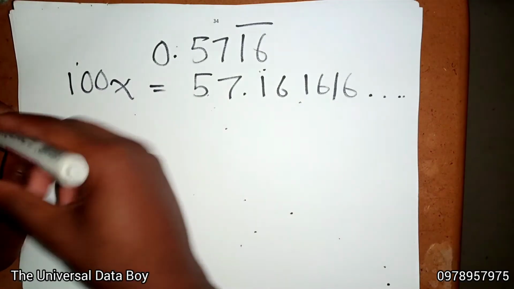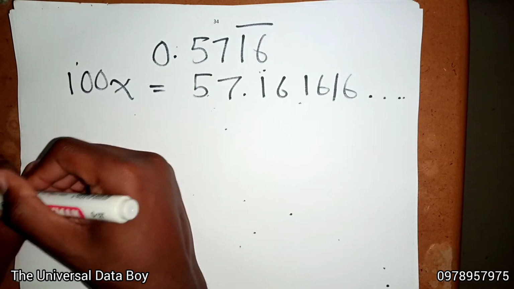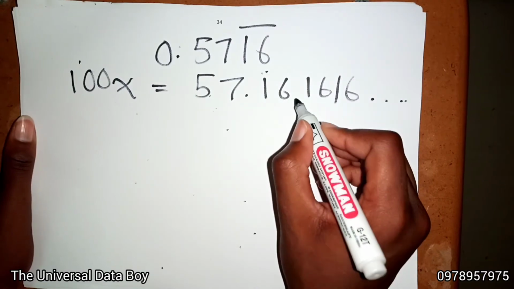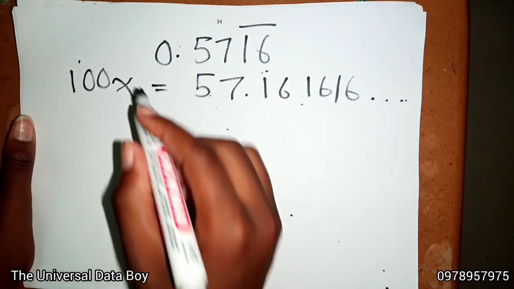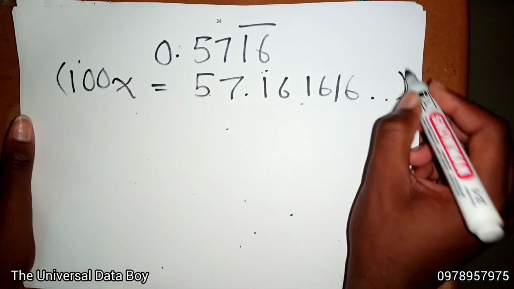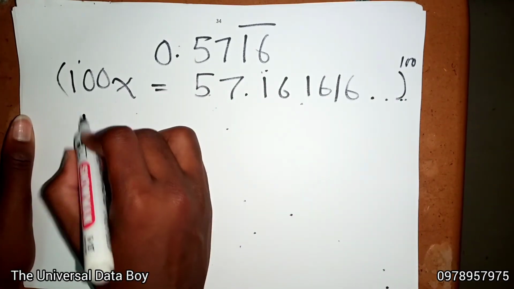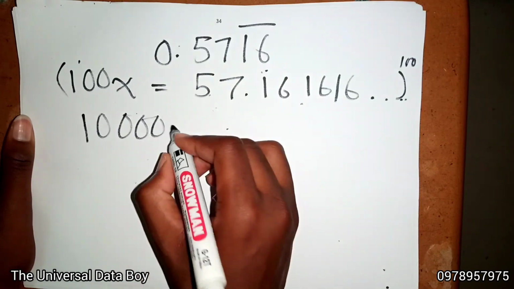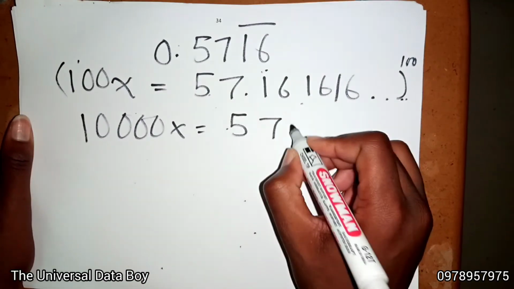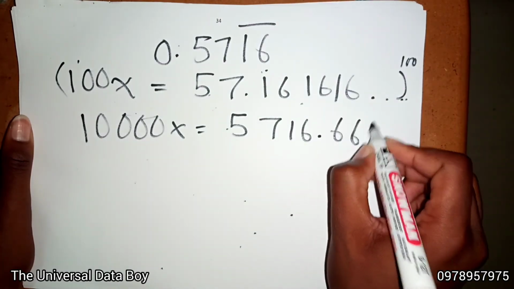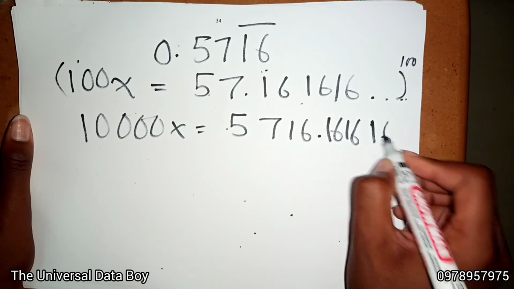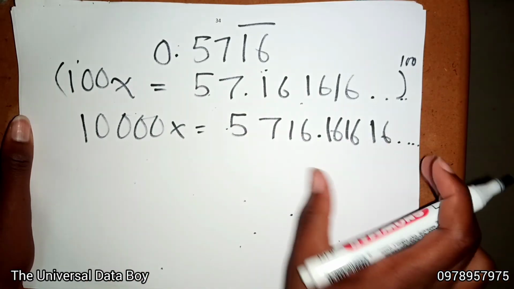So we're going to multiply this one by 100 again, so this one will be 10,000x. X is equal to, when this one is multiplied, it will be 5716.161616 repeating. So then we have something like this.